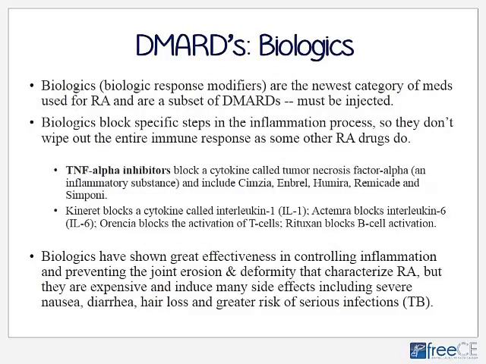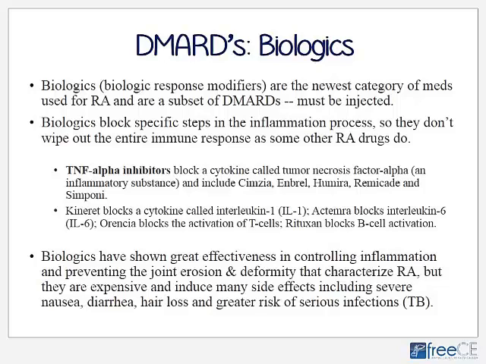Biologics, also called biologic response modifiers, are actually a type of DMARD, and in fact the newest category of meds to treat RA. And these biologics all must be injected. They block specific steps in the inflammatory process, so they're better in the sense they don't wipe out the entire immune response as other immune suppressants for RA commonly do.